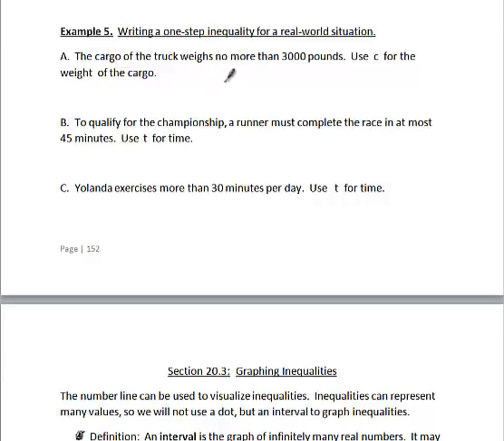So C takes the place of this entire phrase, the cargo of the truck. Okay, the weight of the cargo. And so that goes here, C.